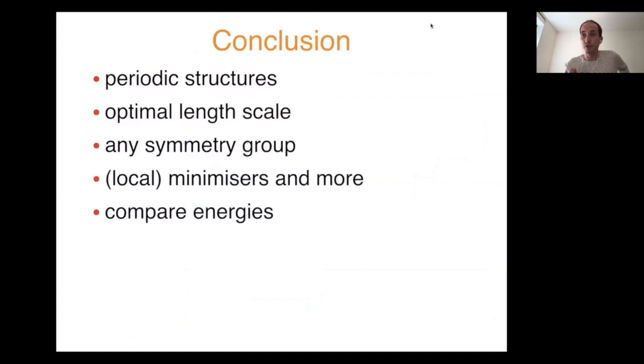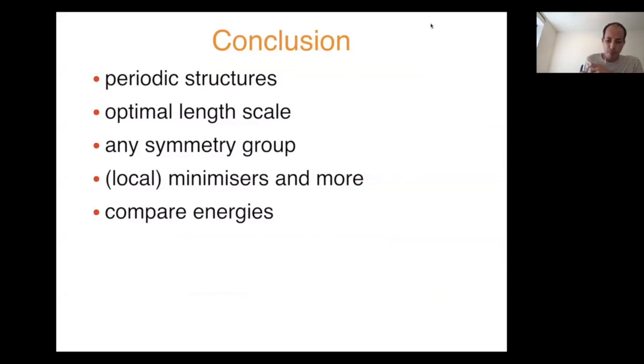So let me conclude. Using these computer-assisted proofs, you can get a lot of rigorous information about periodic structures of a model like this in 3 dimensions, including optimizing over the length scale rigorously. You can do this for any symmetry group. I showed you the one for the double gyroid that has 96 elements, but you can do that for any of the 230 space groups.